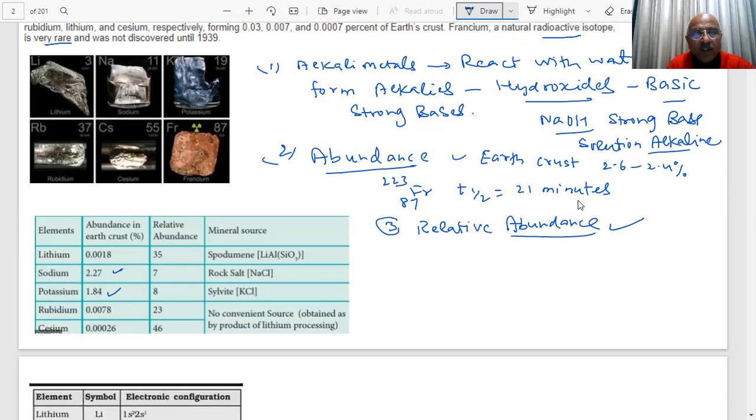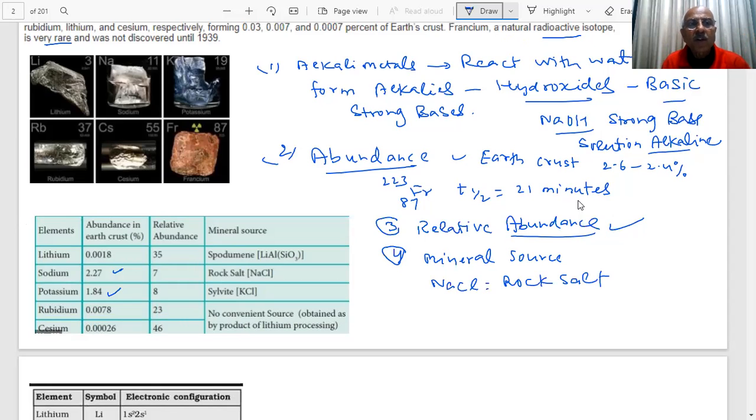Some information about the mineral sources is also given, from which these metals are obtained. You know there are ores and minerals from which we get these metals. For lithium, the mineral is lithium aluminum silicate, called spodumene. For sodium, NaCl, rock salt. You have seen rock salt, students, sometimes on a tonga, a person selling big pieces of rock salt.